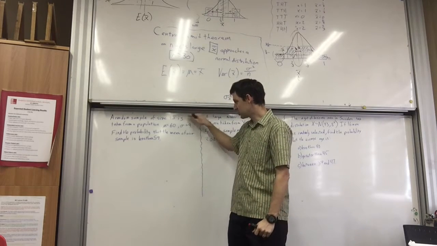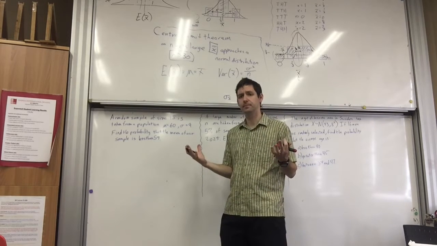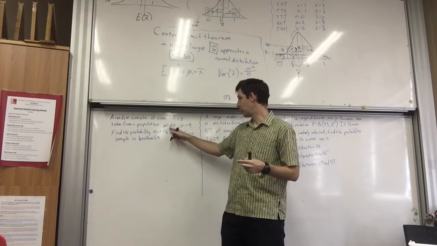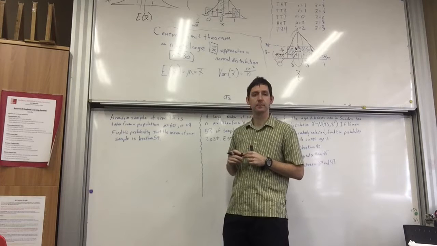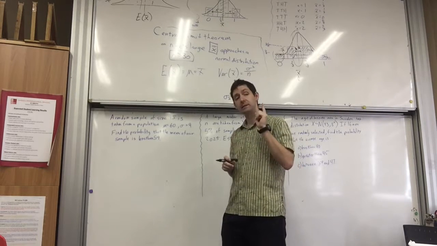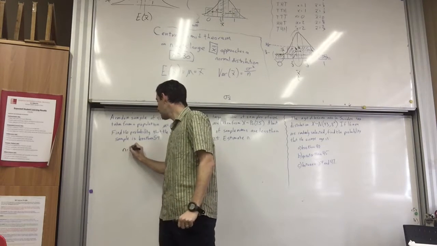So what do we know? The mean, standard deviation, and number. I know the mean and standard deviation of the population. What else? The size of the population? I don't know the size of the population. The size of the sample, I know that I'm going to ask 45 people.